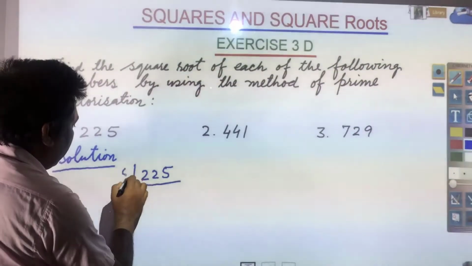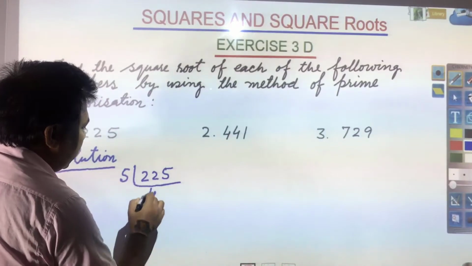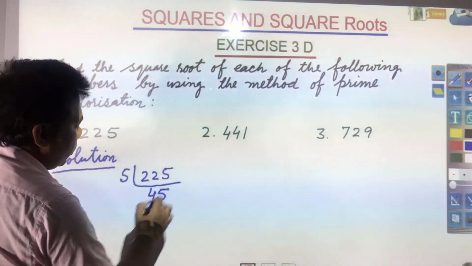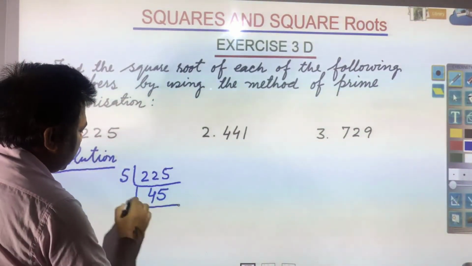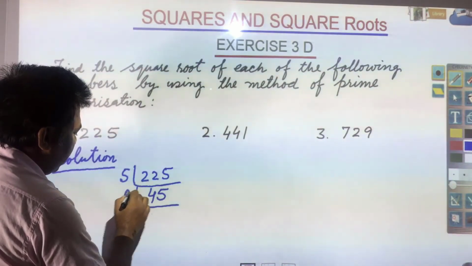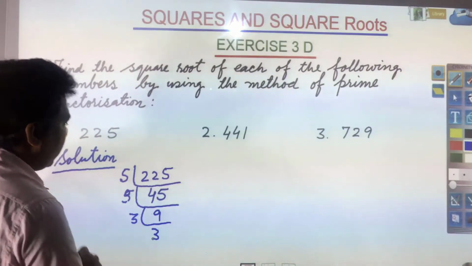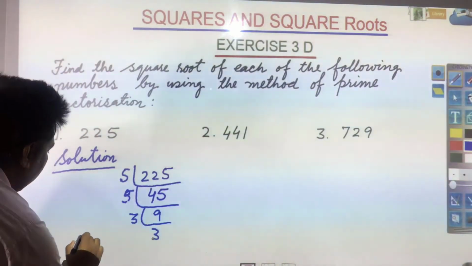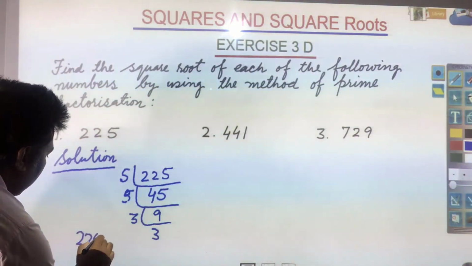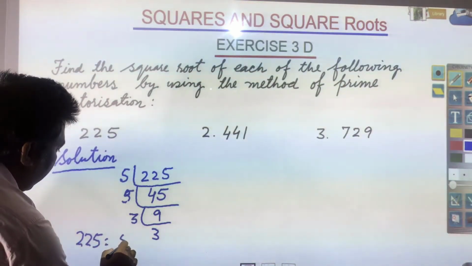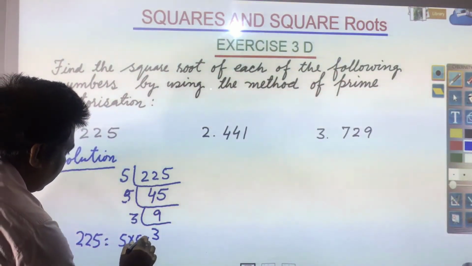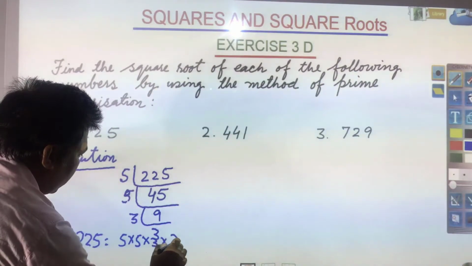Here you see, 5 4s are 20 and 5 5s are 25. 5 9s are 45 and 3 3s are 9. So, this 225 can be written as 5 into 5 into 3 into 3.